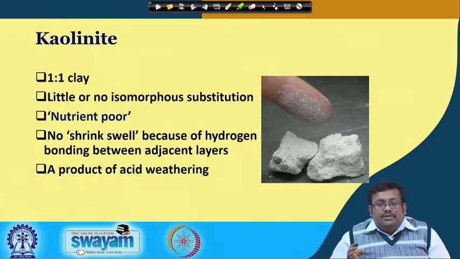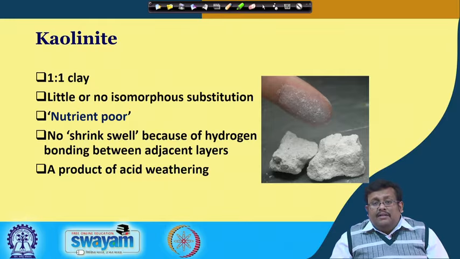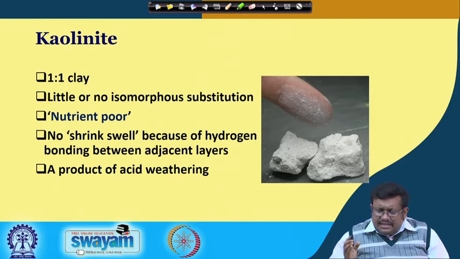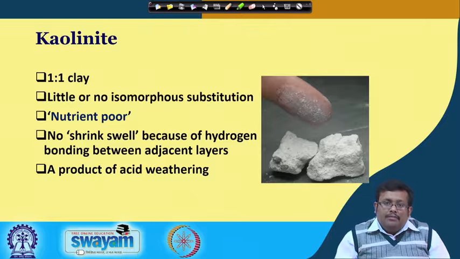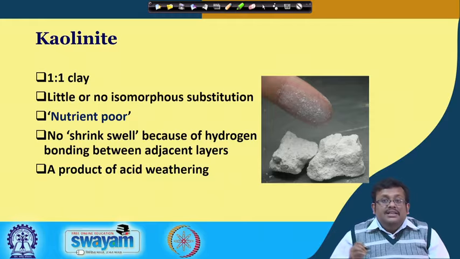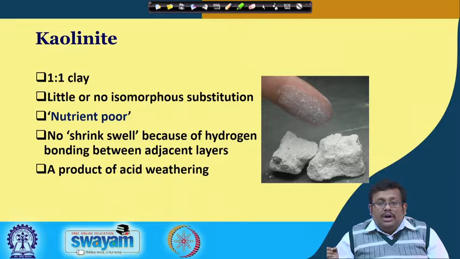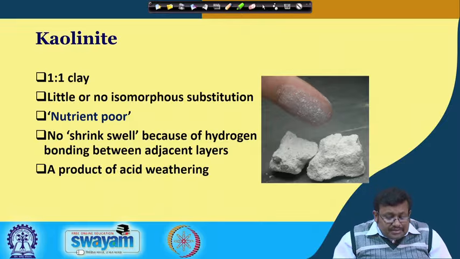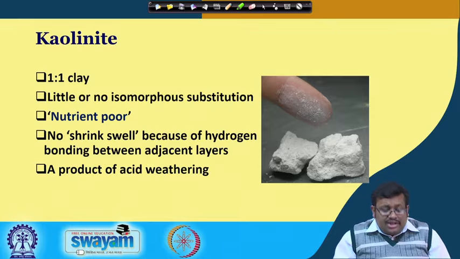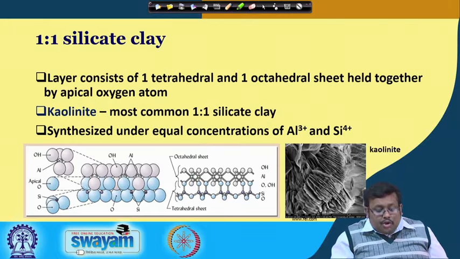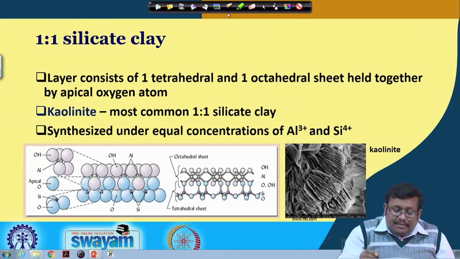So, due to the absence of isomorphous substitution, there is very little chance of development of negative charge at their surface, and as a result, they are very nutrient poor, because no cationic nutrient can be adsorbed at the surface because of this low negative charge development. And obviously, it has no shrink swell potential because of hydrogen bonding between the adjacent layers. So, let me show you what that means.